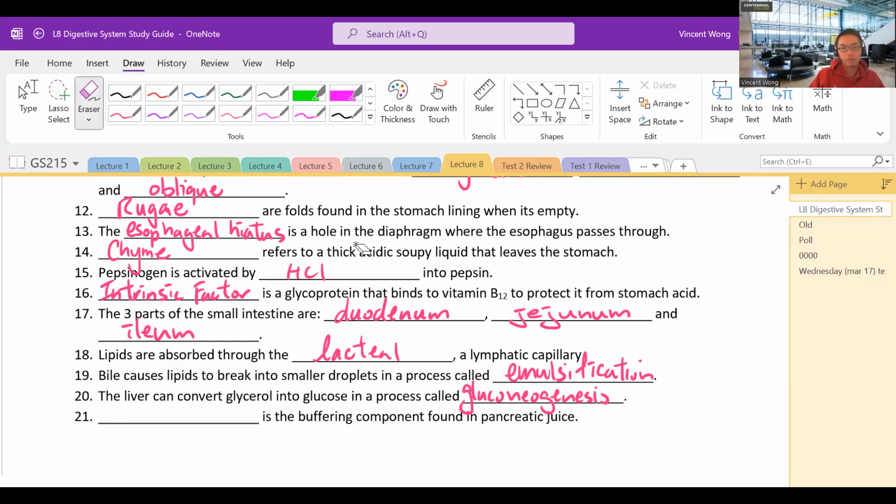Okay. The new creation of glucose. And then we have the NaHCO3, the sodium bicarbonate. That is the buffering component of the pancreatic juice.